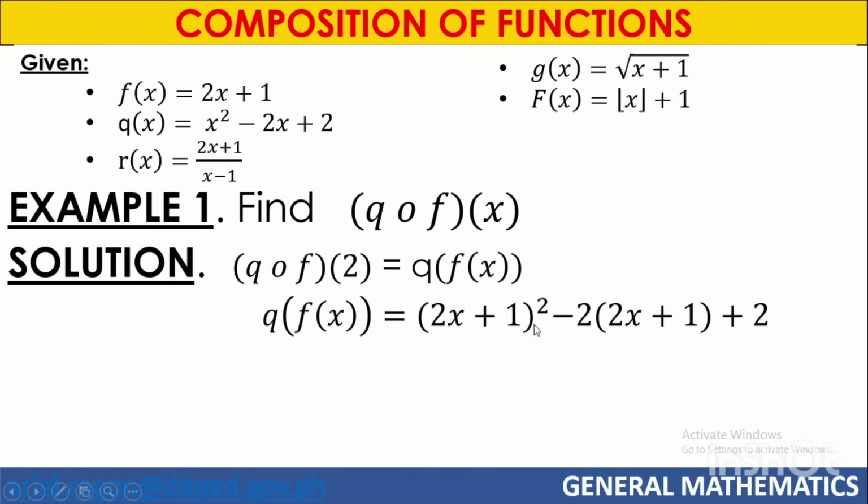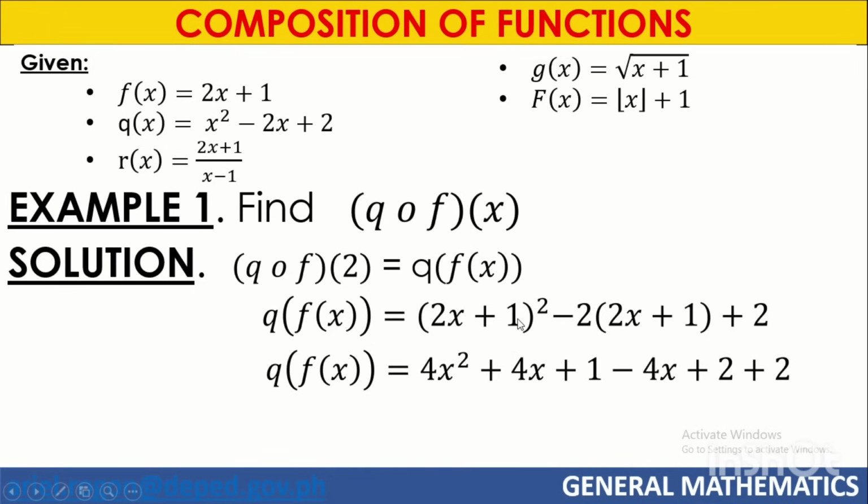Okay, this is square of binomial. The result will be 4x squared plus 4x plus 1, and then distribute negative 2. Negative 2 times 2x is negative 4x. Negative 2 times 1 is negative 2, plus 2.